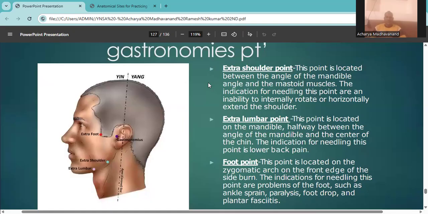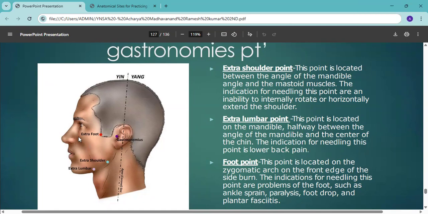Those are prevalent and very new. Extra lumbar, foot, shoulder, and gastrocnemius point. Gastrocnemius muscle is a very important muscle in your leg. Then extra foot point.